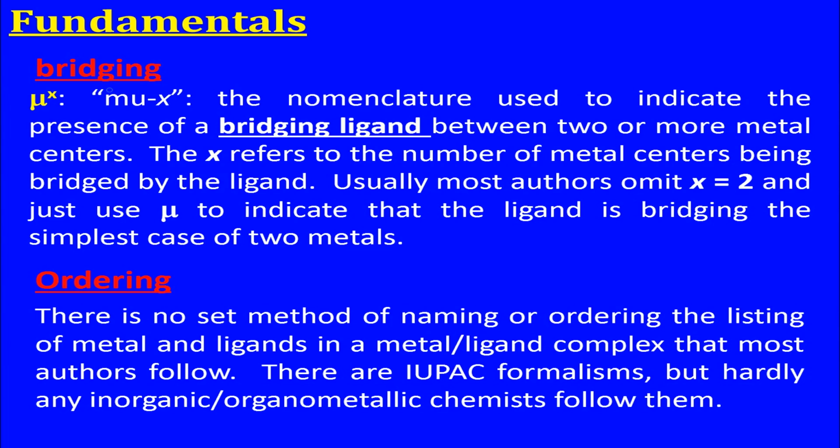Ordering or listing of metal and ligands in the organometallic complexes. You know, for example, in organic chemistry, you have the IUPAC rules to name hydrocarbons, and in organometallic chemistry we also have IUPAC rules that should be followed by the organometallic chemist.